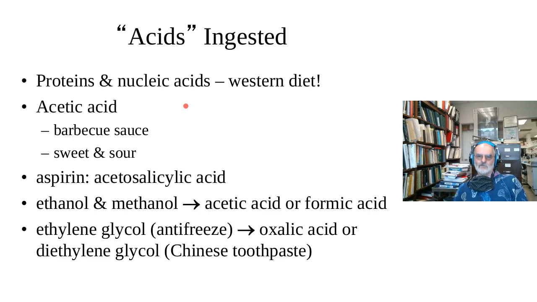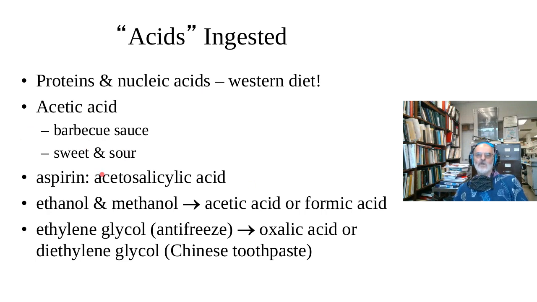Now, in addition to all of this, you and I ingest acids. So depending on what your eating habits are, we tend to eat lots of proteins and nucleic acids. Okay, and so they break down in the ways that I've just showed you to make acidic breakdown products. We might sweeten our food with things that contribute acetic acid in barbecue sauce or sweet and sour.